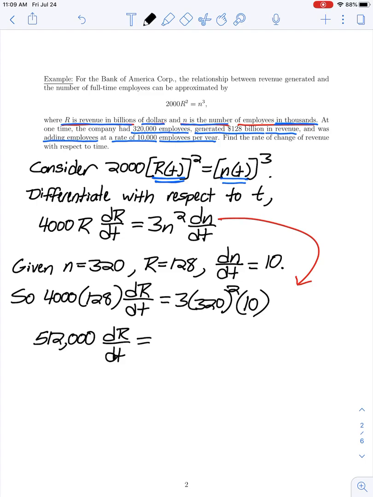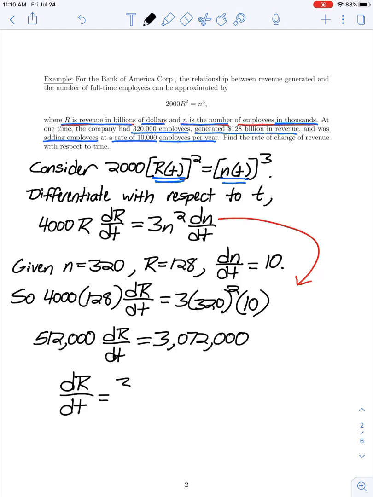And this is equal to 3 times 10, or 30, times 320 squared, which using a calculator works out to 3,072,000.